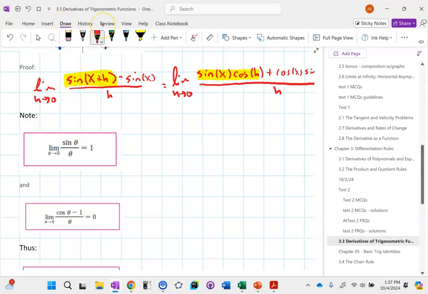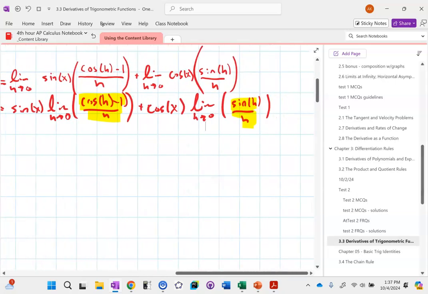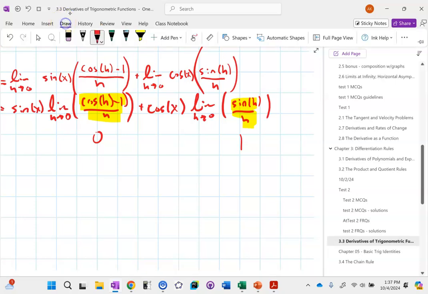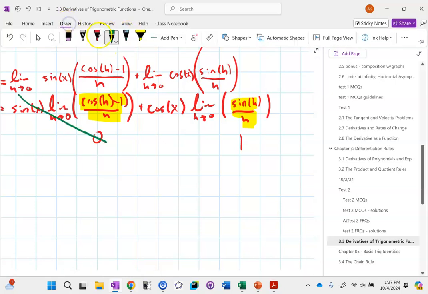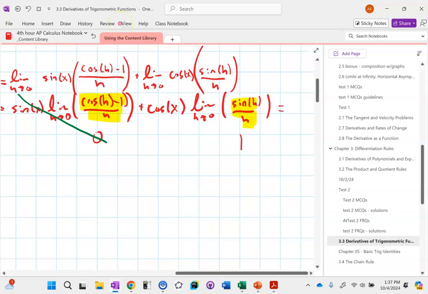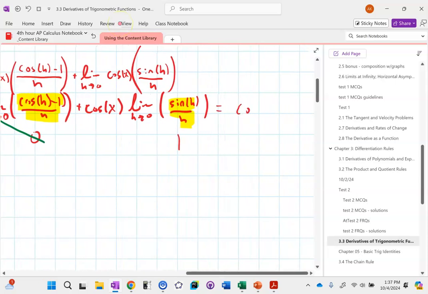Okay. So when I drop in sine of h over h, that's 1. Cosine of h minus 1 over h, this whole thing just drops off, becomes 0, and I'm left with just cosine x times 1, or cosine x. That's the idea.